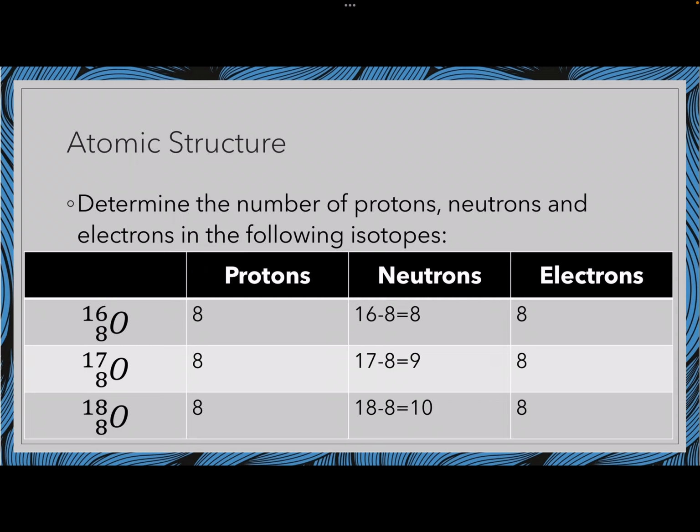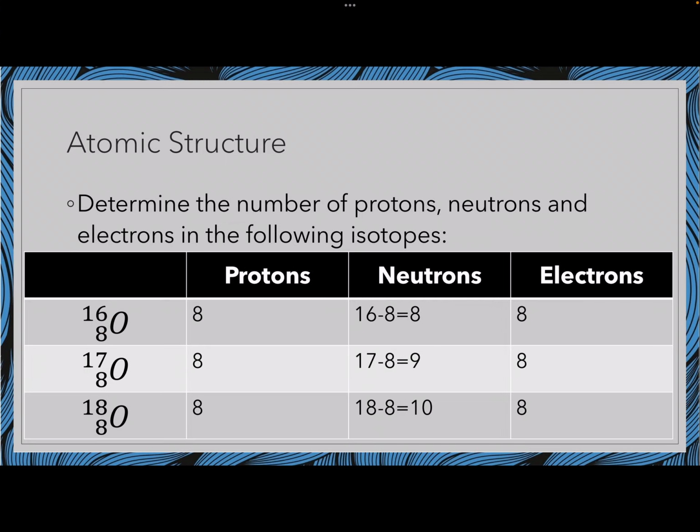Oxygen-17: 17 take away 8 is 9 neutrons, and oxygen-18 has 10 neutrons. So you can see that with those three different isotopes of oxygen, we have different numbers of neutrons between them. That applies across all atoms. There could be different numbers of isotopes for every single one.